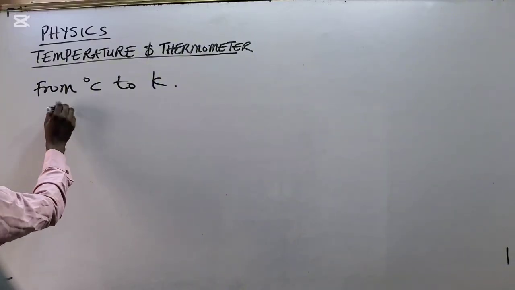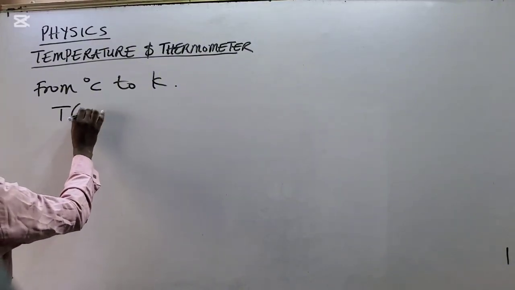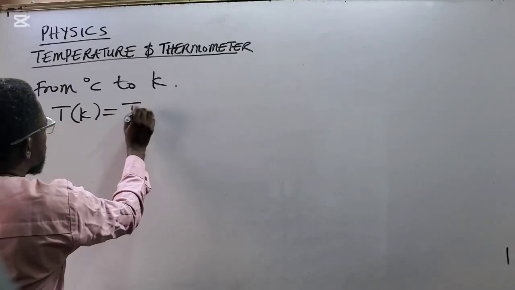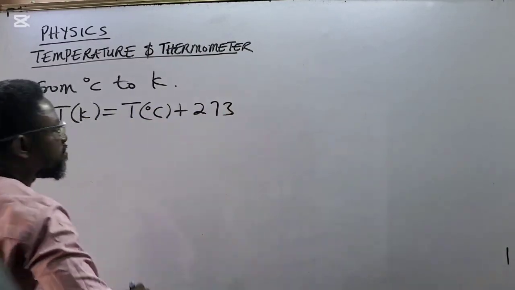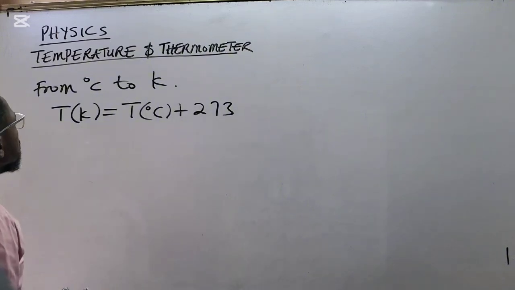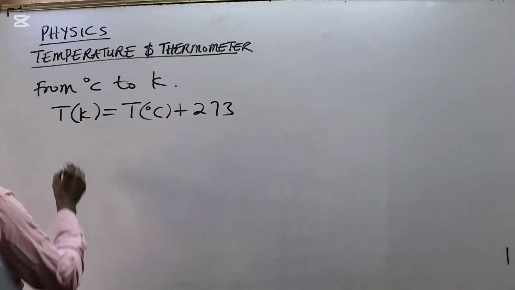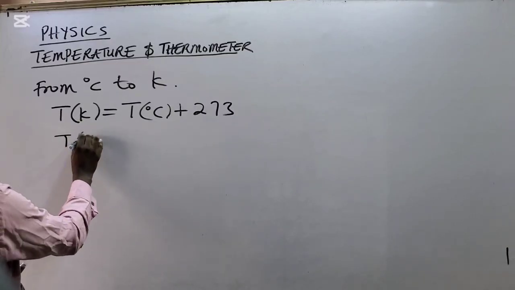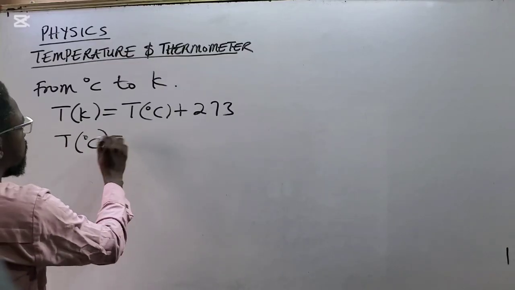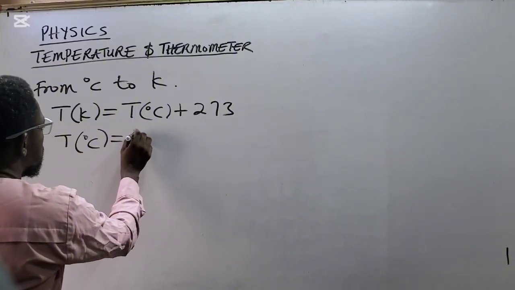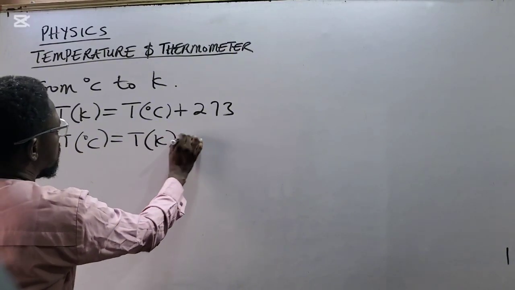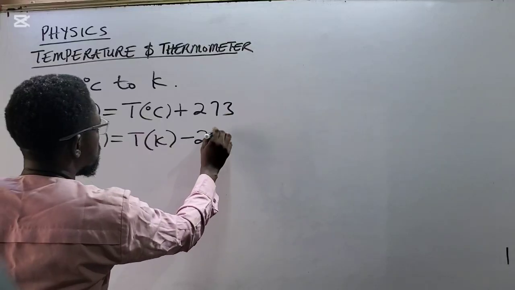We have the temperature in Kelvin equals temperature in degree C plus 273. The same way, if you want to convert from Kelvin to degree C, temperature in degree C will now be temperature in Kelvin minus 273.